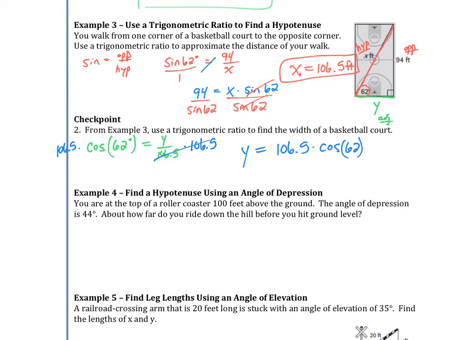So you take out your calculator and you type this in. When we type that in, we end up with y equals 50 feet. So it is 50 feet across. That green line is 50 feet.